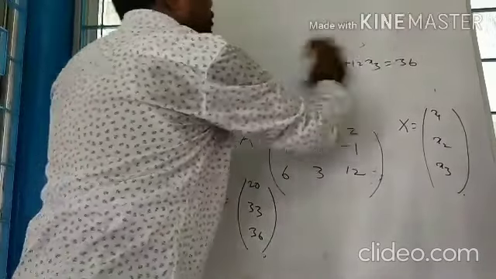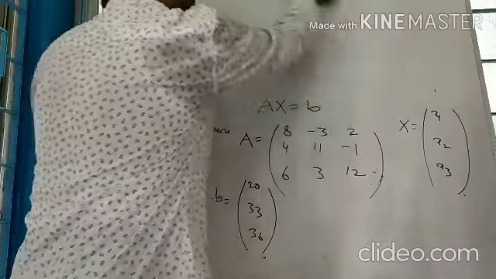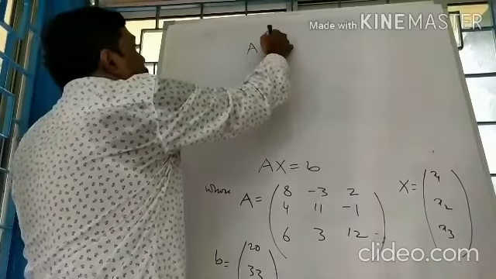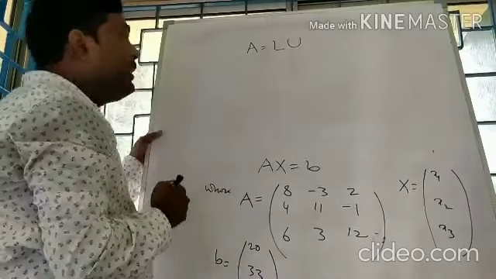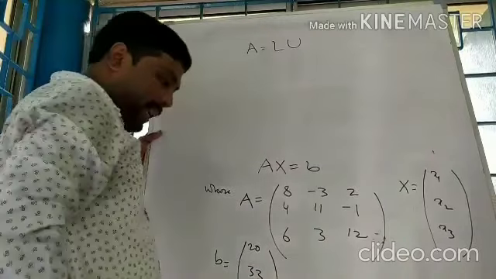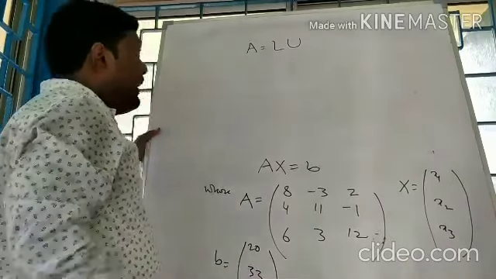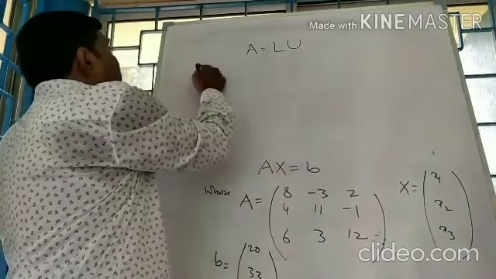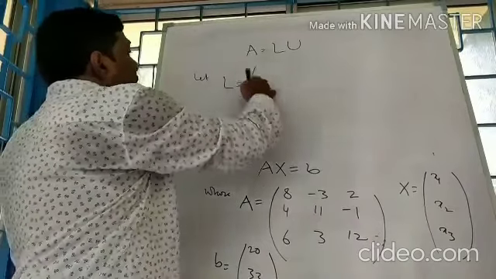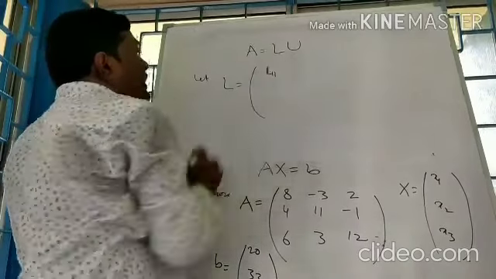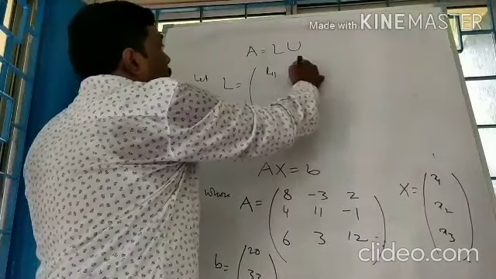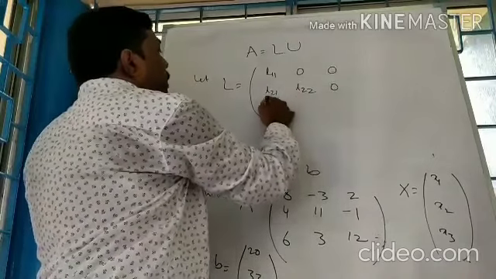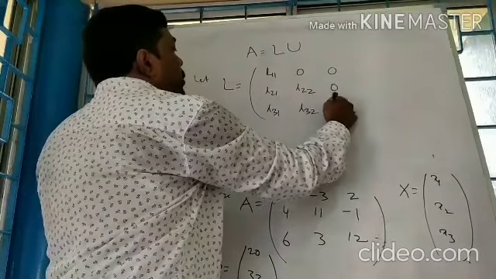Okay, now we first decompose the matrix A into a product of two matrices L and U. So let L equal L11 0 0, L21 L22 0, L31 L32 L33.